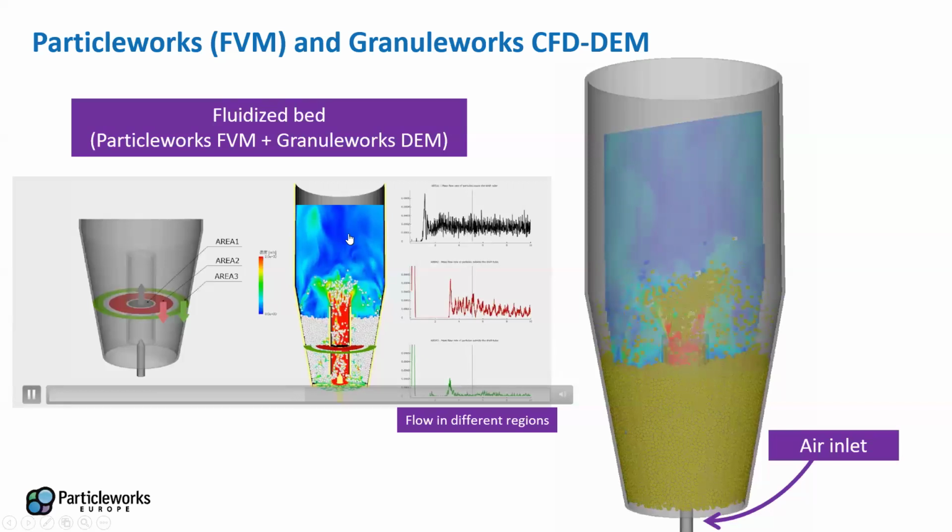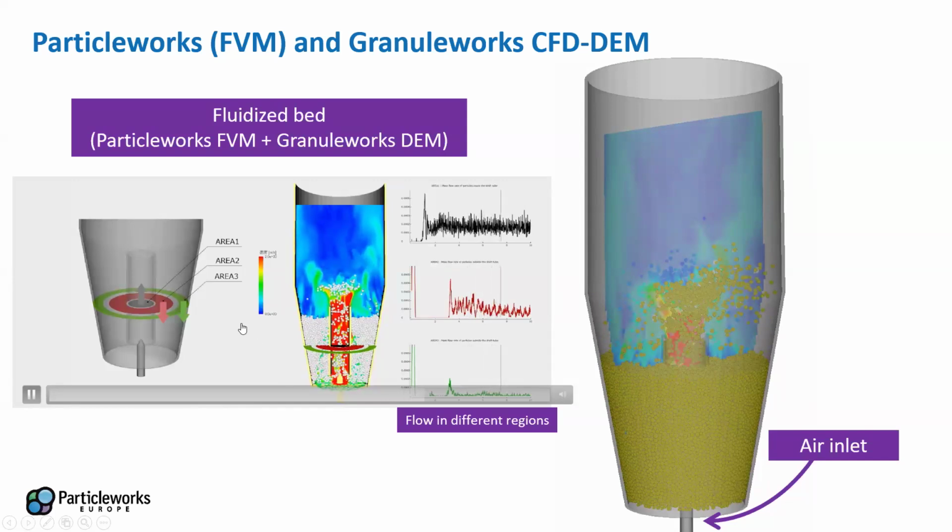And you can see here in the background the air result and the flow of air due to the transport of the powder, and the other way around, of course. So in this way, you could compute the flow in different areas and understand your system in a better way. Here you see the flow in the red area, and in green the flow at the outermost circle. And as you can see, it's higher in this area than in this one.